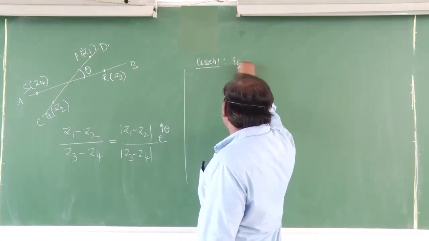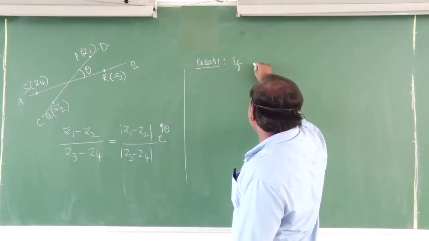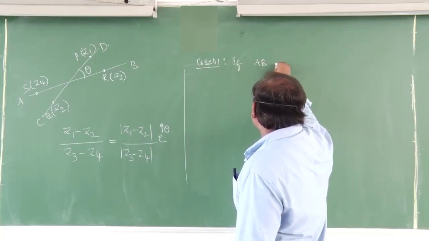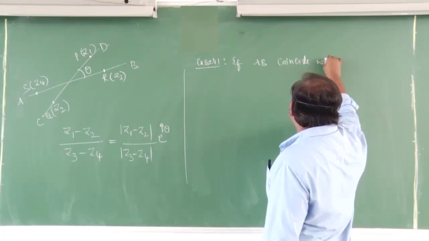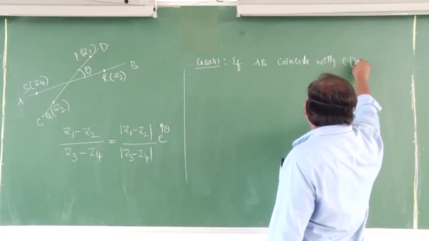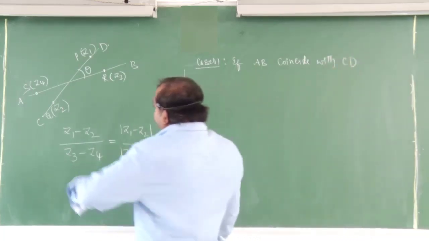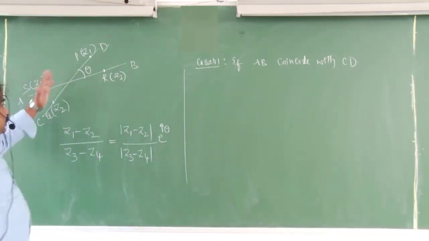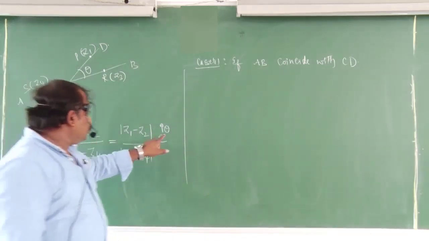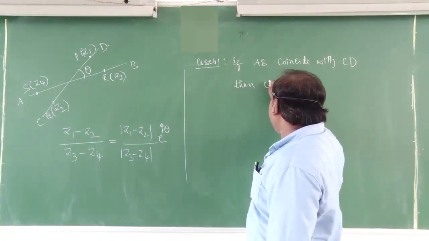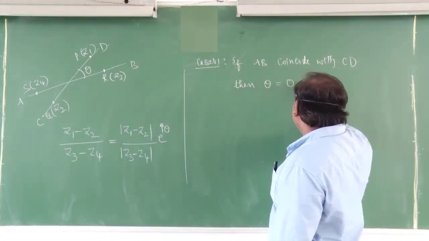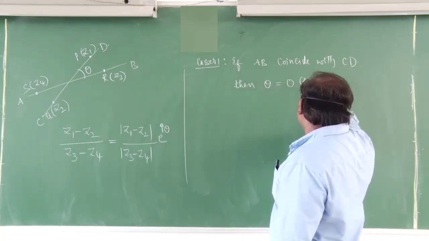If that is the AB line, AB coincides with CD. If AB coincides with CD, then what will the theta value be? Then theta is equal to 0 or pi only.